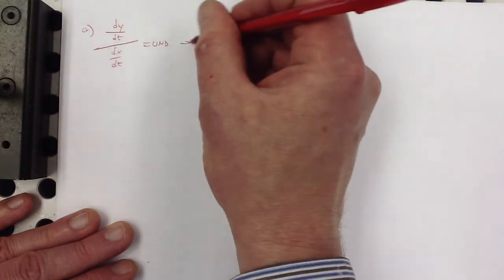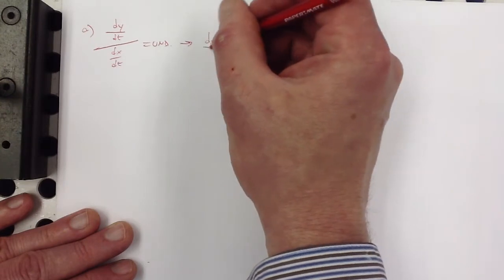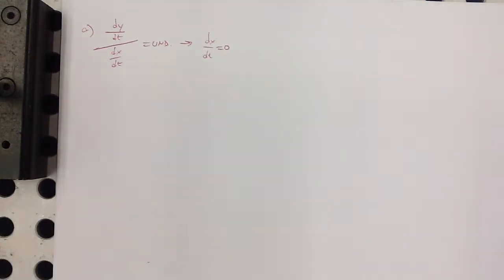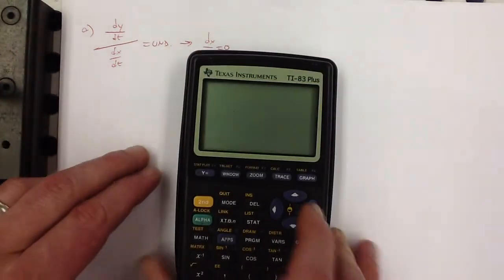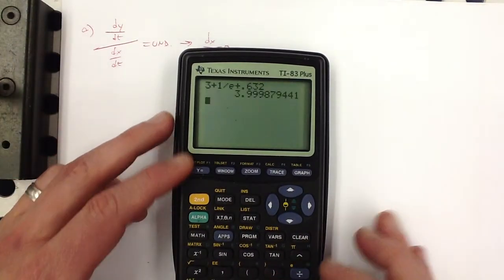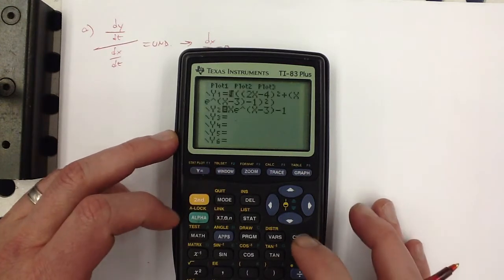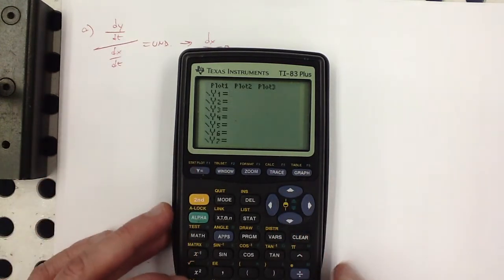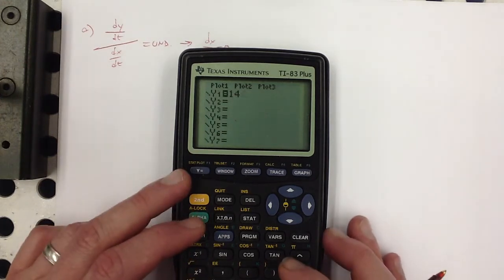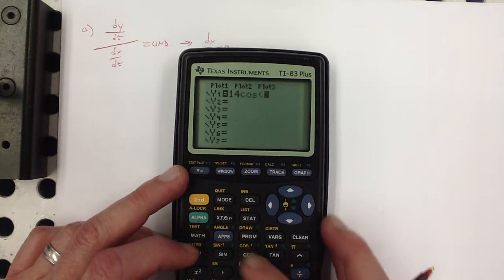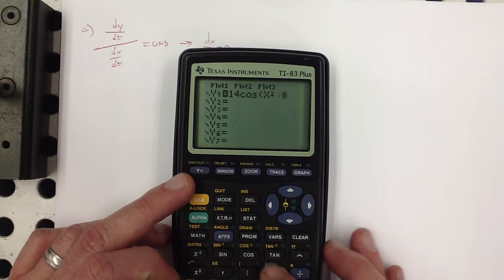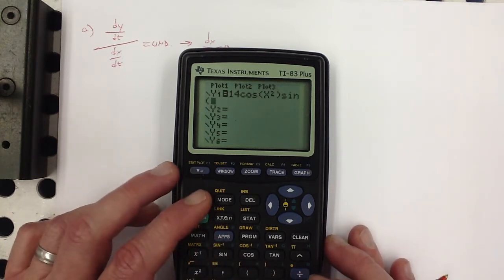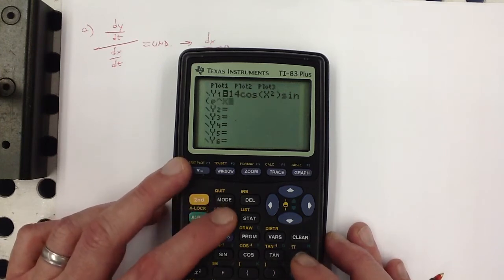And that happens when dx/dt is 0. So let's see if we can do that. dx/dt, excuse me, is 14 times the cosine of x squared times the sine of e to the x.